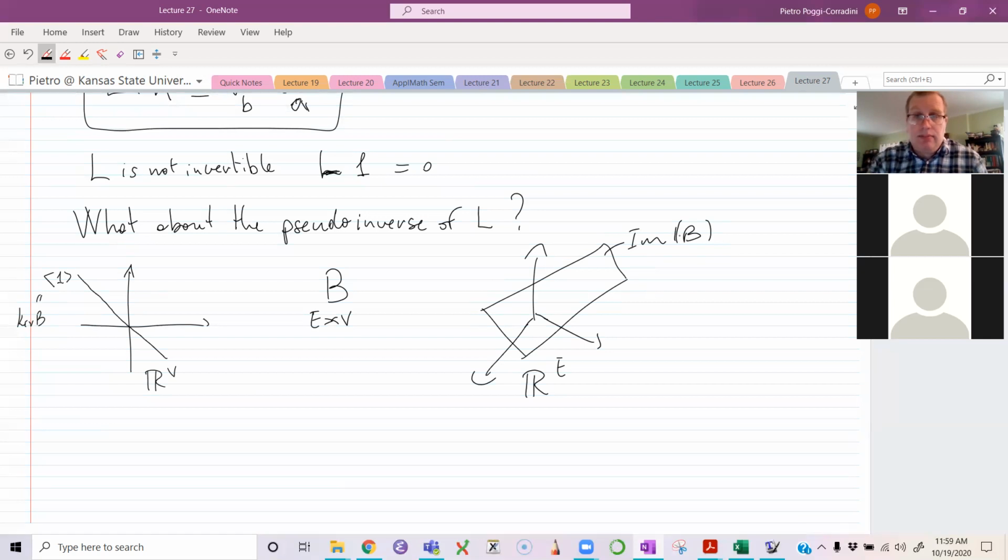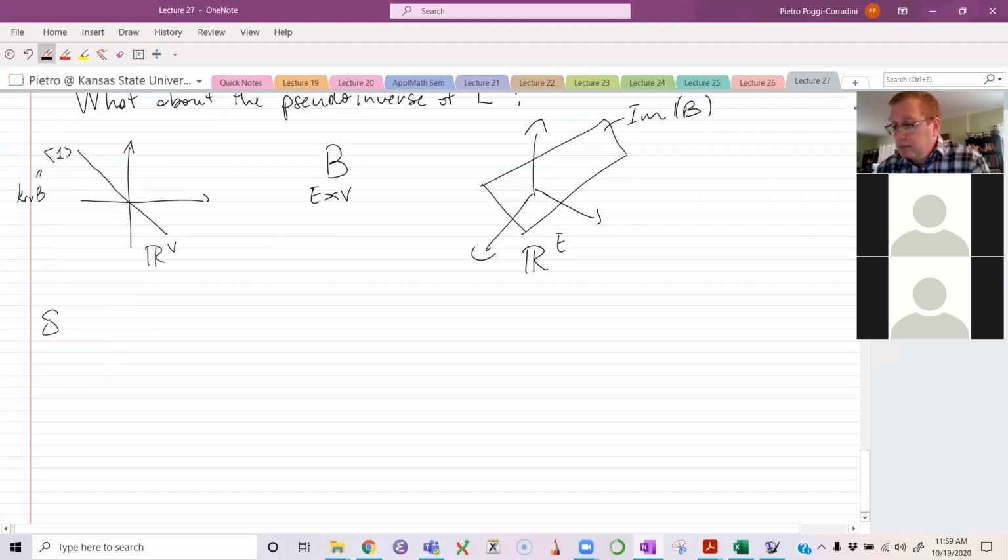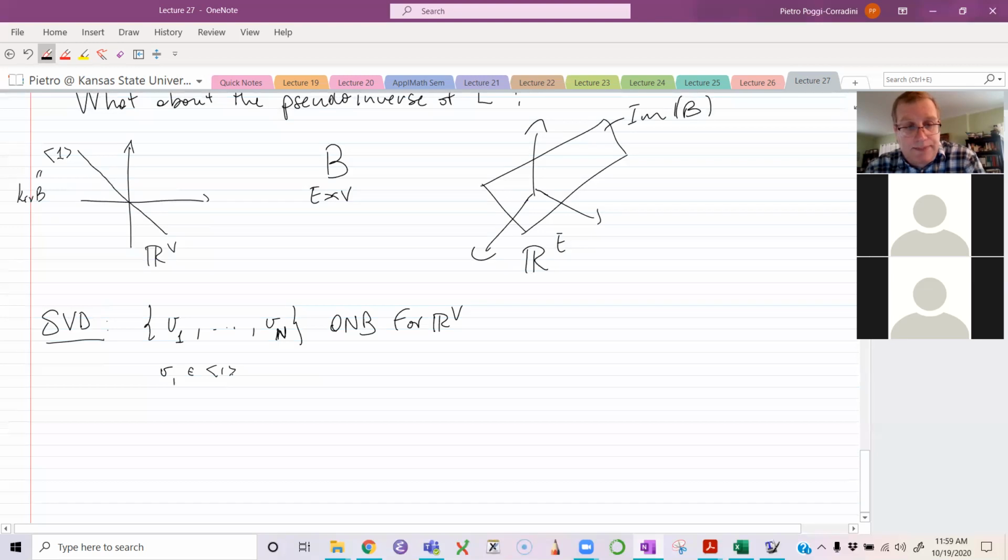And of course, we can form the SVD. That's going to give us an orthonormal basis V1 through Vn, and we can even choose V1 to be the normalized vector of all ones.